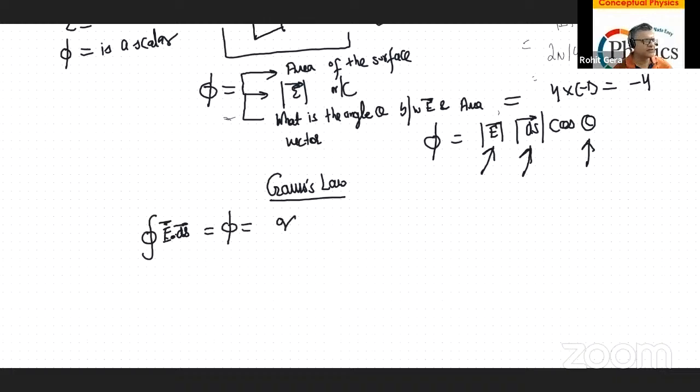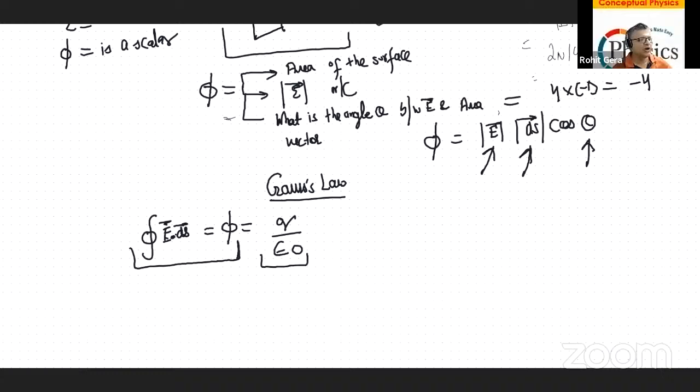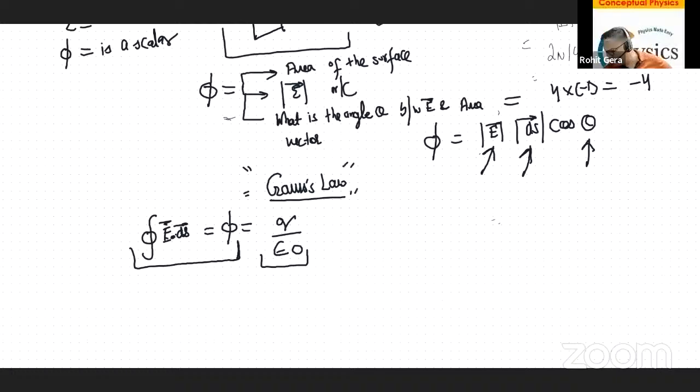One more entity has been introduced. You studied this part of it a bit, but you don't know what this is. Gauss law gives you the power to find the relationship between quantities which were not related to each other earlier.